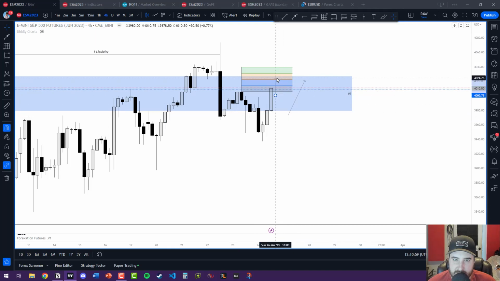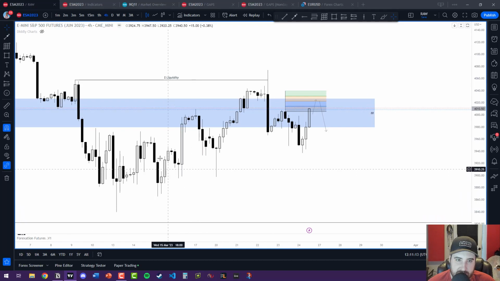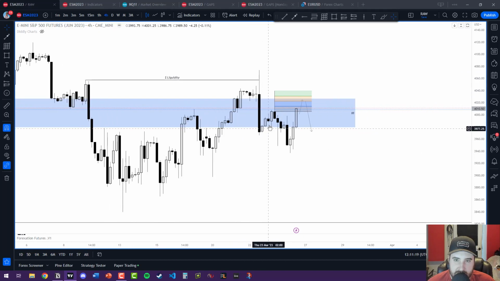So maybe price goes up first. Once we get to that 50%, we start heading down, possibly back into this fair value gap, or just pushing below all this liquidity built up, because you can see all this liquidity taken out right here. That's a giant wick, but if people put stop losses here, they were taken out. Then we're coming back, took this out, might come up to that 50% and then back down. That is what I'm looking for on the 4-hour.